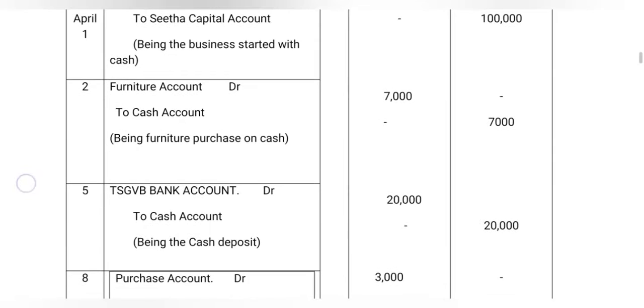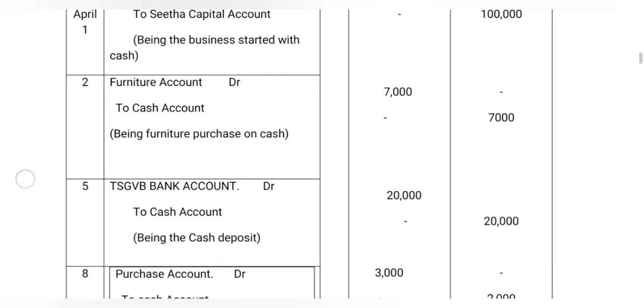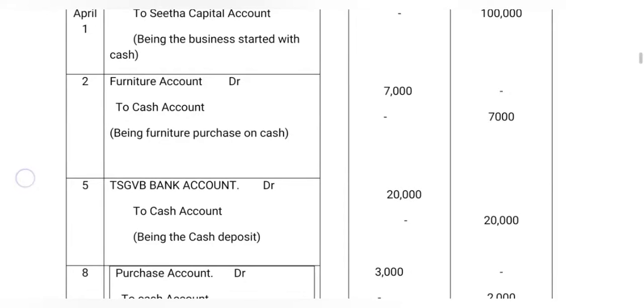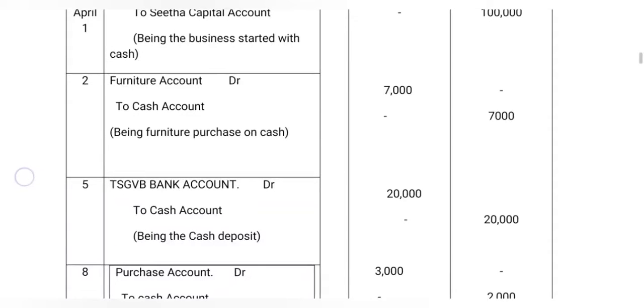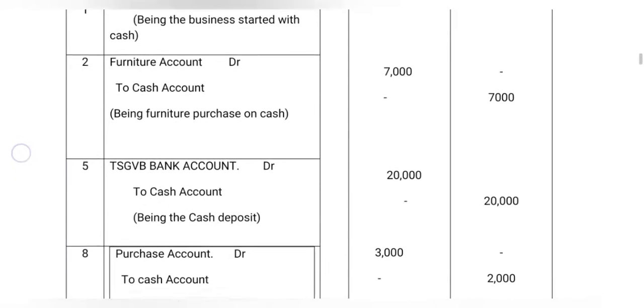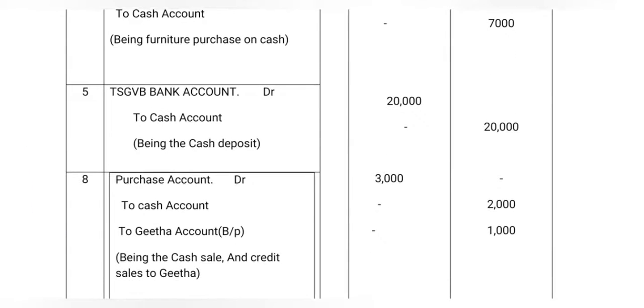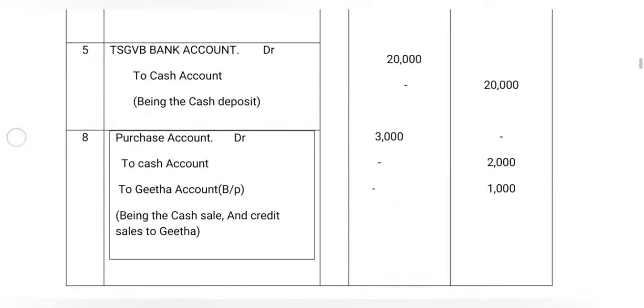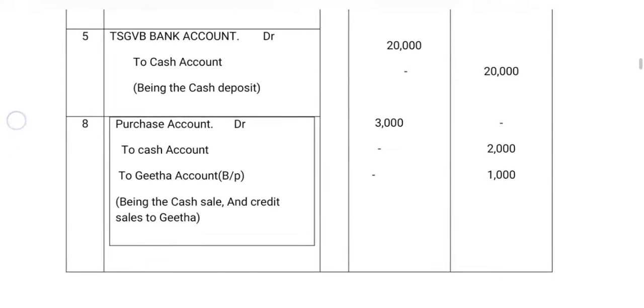Then we go to the second transaction, on the second date, furniture purchased for cash. Apply the real account rule: what comes in is debit. Furniture is coming into the business, that's why we debit the furniture account, and cash is going out of the business, that's why the cash account is credited. Here the 7,000 amount is posted on both sides, followed by a narration. Then another transaction, on the fifth, cash deposited in bank, 20,000.